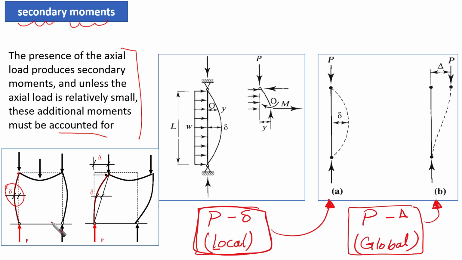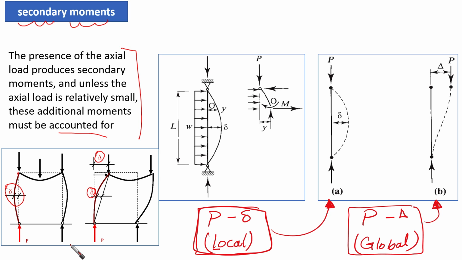And also in the cases where our frame is not restrained against lateral movement, one end is going to move relative to the other end. This would make a large delta take place across this element, in addition to the small delta that is produced due to the axial forces on the element itself.